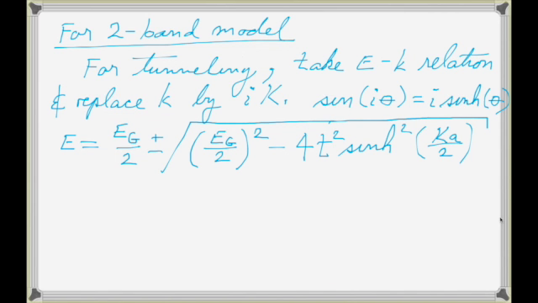Right? So that's in the band gap. That's what the energy-κ relationship is in our two-band model. And so if you plot that, right, there's still these two branches. And at some point in the middle, they're going to intersect.